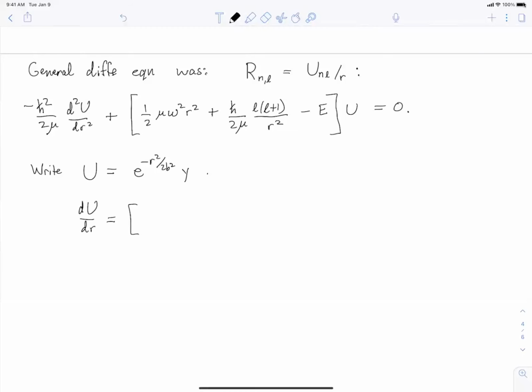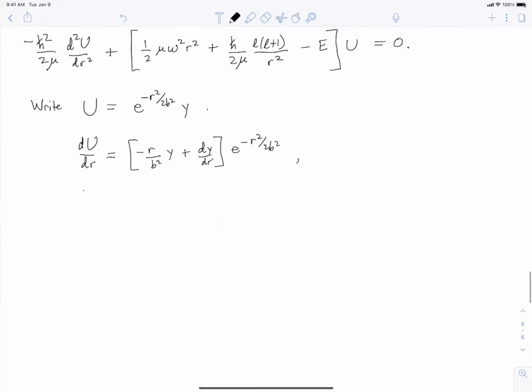Okay, so we just have to take the derivative. That's minus r over b squared times y plus dy by dr, times e to the minus r squared over 2b squared. And then what we really need is the second derivative.